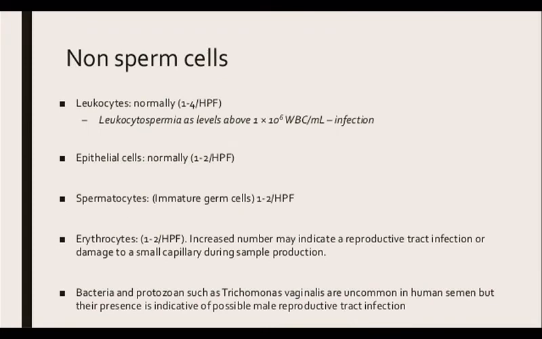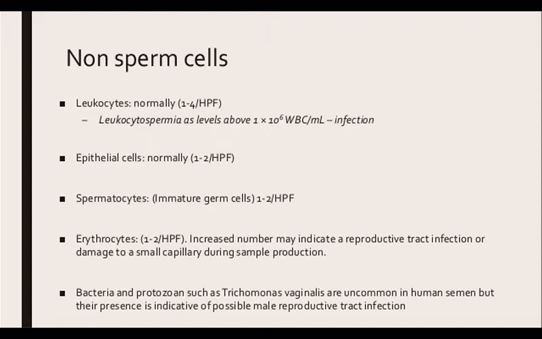Non-sperm cells. Leukocytes, WBCs, are normally 1 to 4 per high power field. Leukocytospermia, when the level increases to 1 x 10^6 WBCs per ml, is usually seen in case of infection. Epithelial cells have a normal value of 1 to 2 cells per high power field.